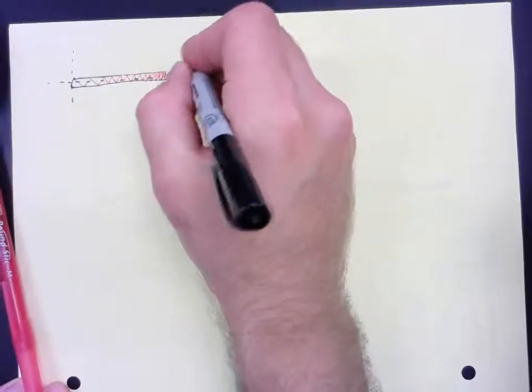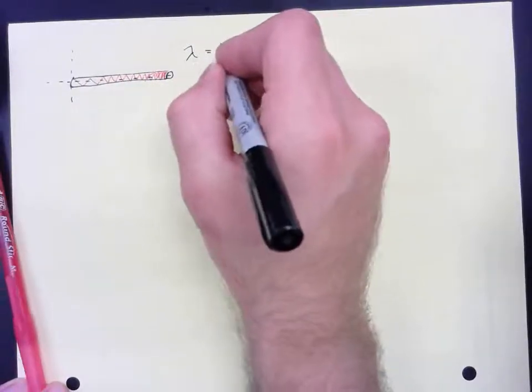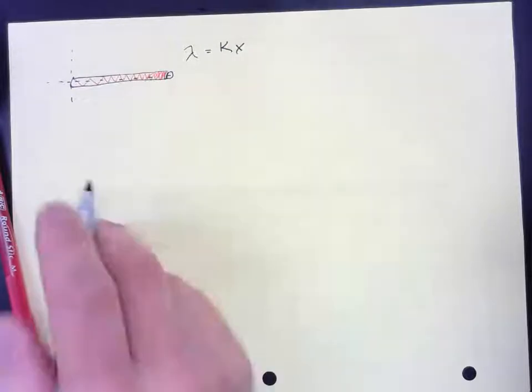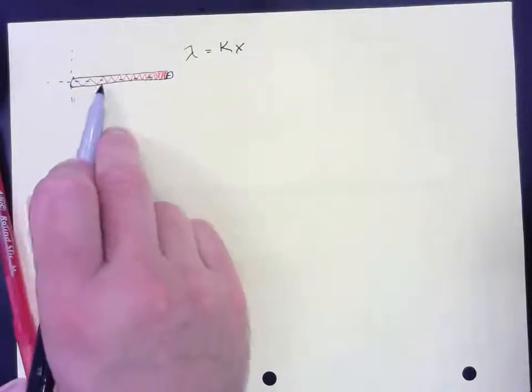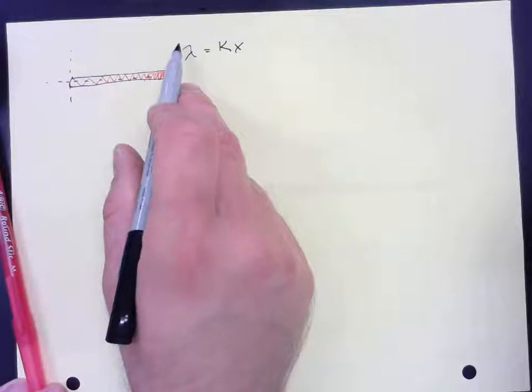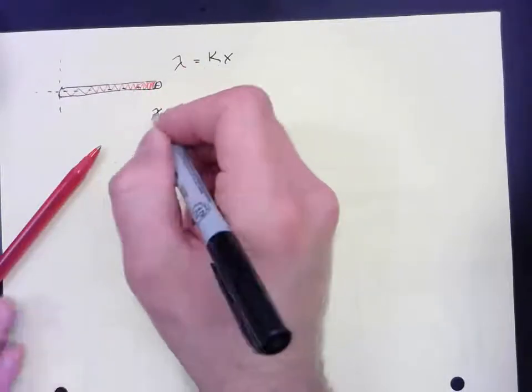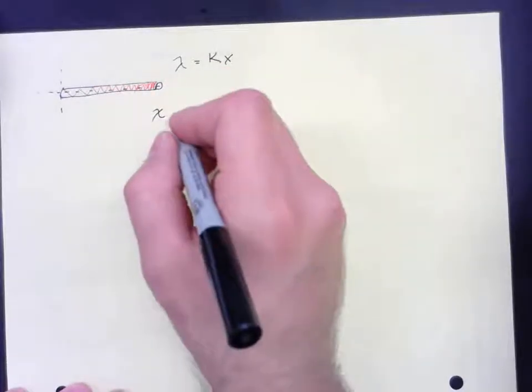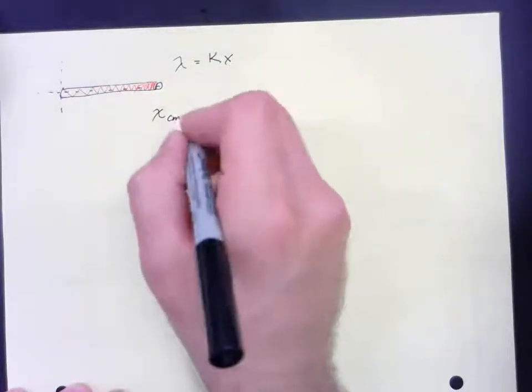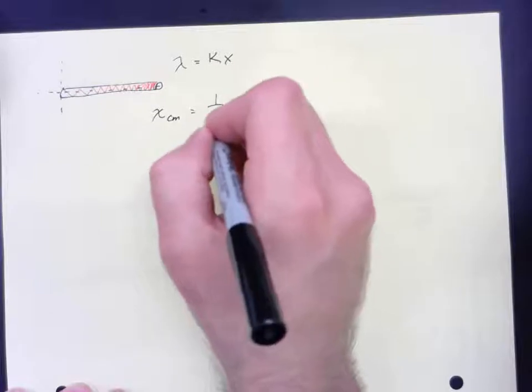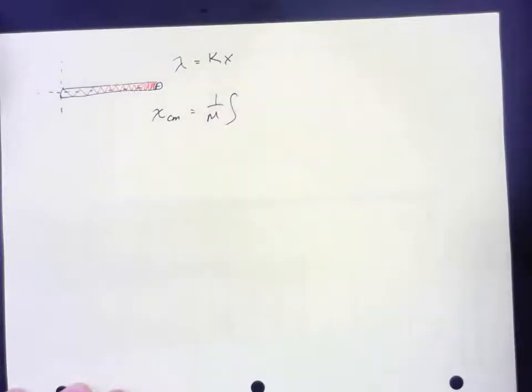And we'll say that the function for lambda is some constant times x. So as x value increases, the density increases. Since it is a solid rigid object, we have to look at it in integral form.